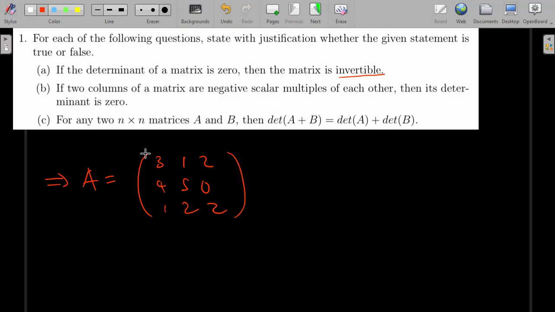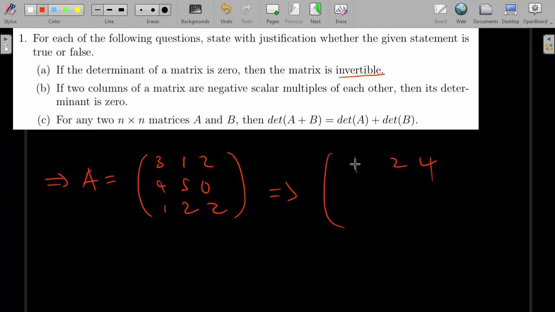When we apply row echelon form on this matrix, maybe we find that the last two columns become something like this: 1, 2, 4, and two of these three columns are negative scalar multiples of each other.